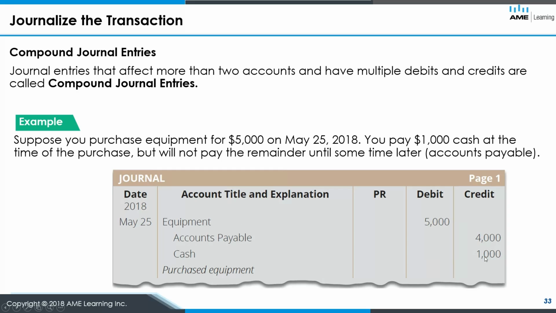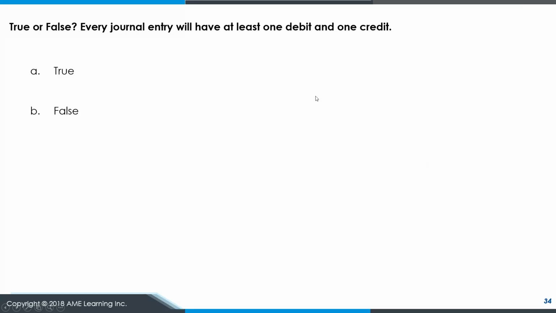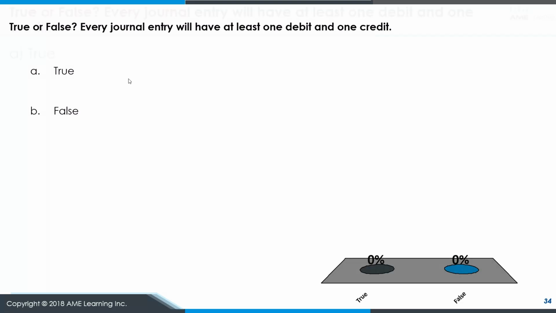But the key thing, as we've mentioned numerous times, is that you can have as many as there can be, but all the debits have to equal all the credits. So here you can see 4,000 plus 1,000 is 5,000. So our total credits are 5,000, and we just have the one $5,000 debit. So they do balance. So true or false, every journal entry will have at least one debit and one credit. That's what I just said, so that is true.